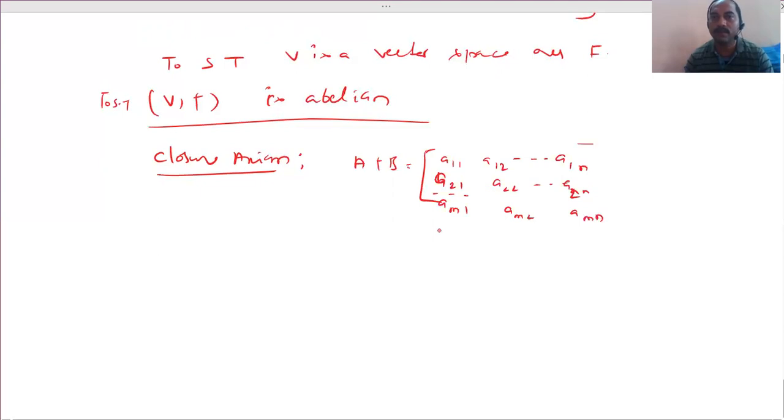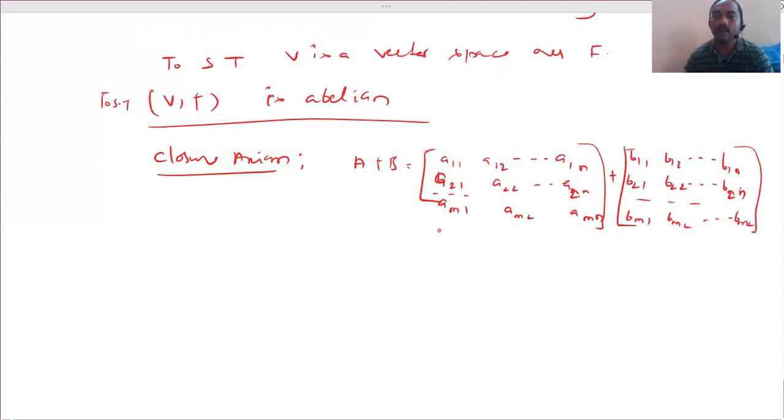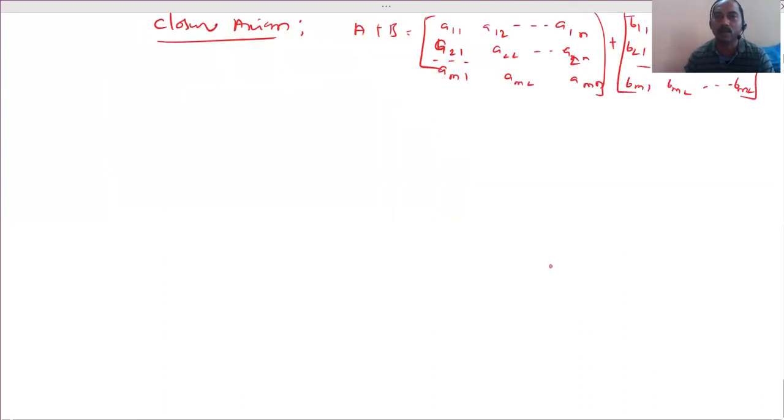This is one of the vectors in our set V. Similarly, B is b11, b12, and so on, b1n, b21, b22, and so on, b2n, and so on, bm1, bm2, and so on, bmn. So the usual vector addition, I mean matrix addition, is component wise.